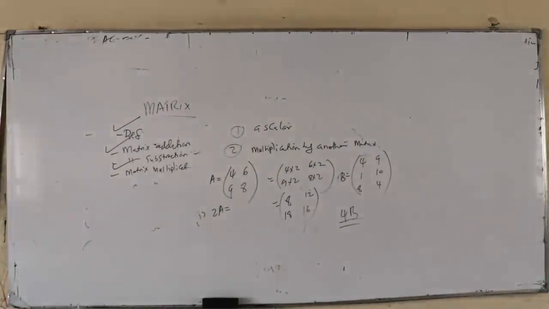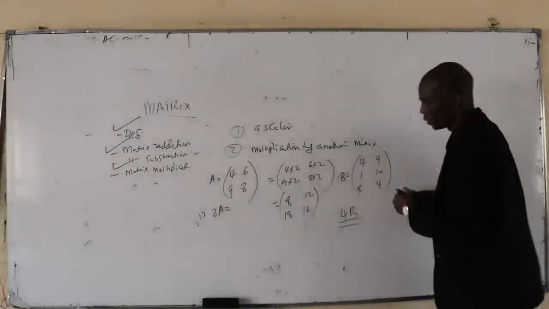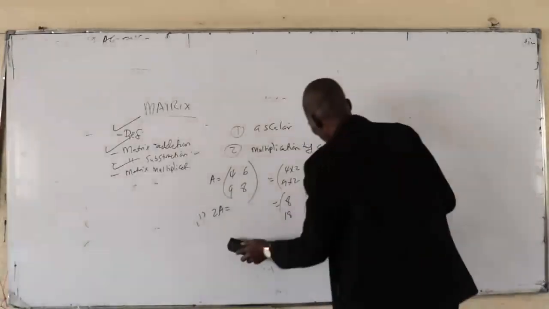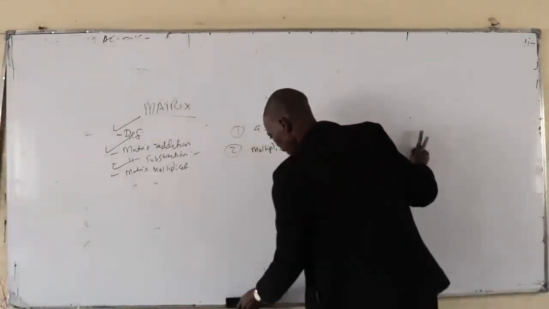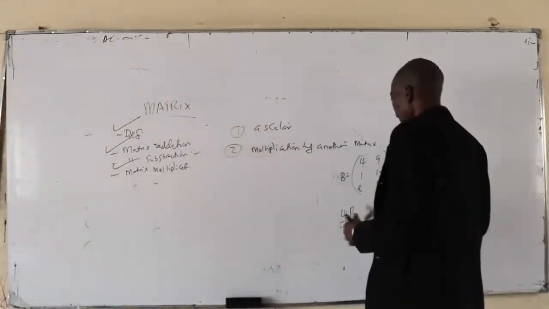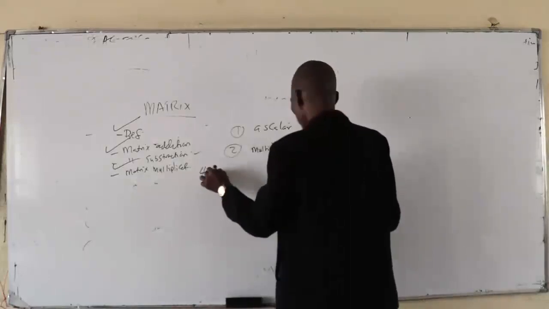We simply multiply every element of that B. B is the algebra representing the matrix there. So we simply multiply every item by 4.